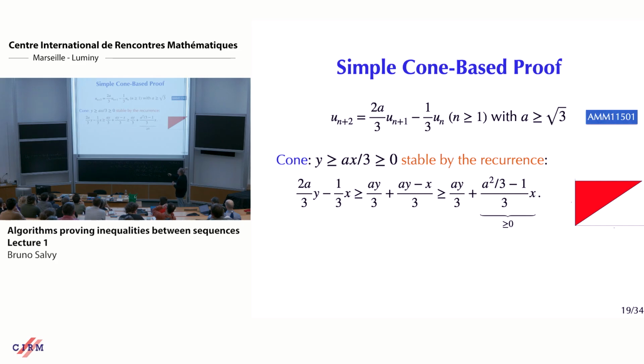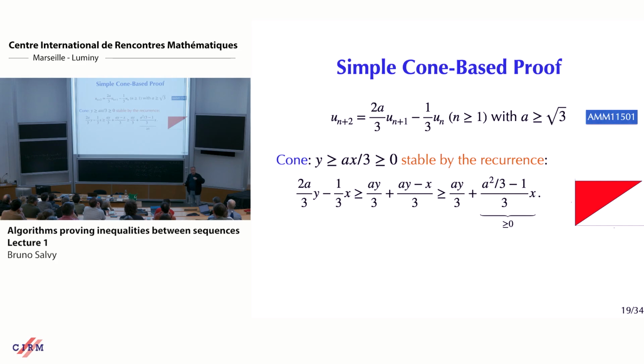So I take ay over 3 aside, and what's left here is ay minus x over 3. But y is larger than x over 3, so this is (a^2/3 - 1)x. And this is positive because x is positive and a is larger than the square root of 3. And this was positive by the induction hypothesis. So once you're inside the cone, you stay in the cone, and you have proved positivity.